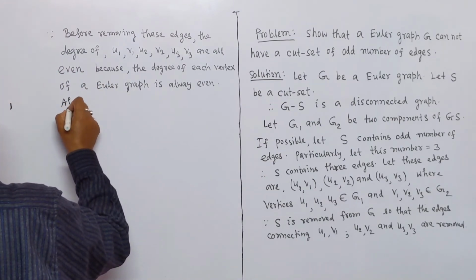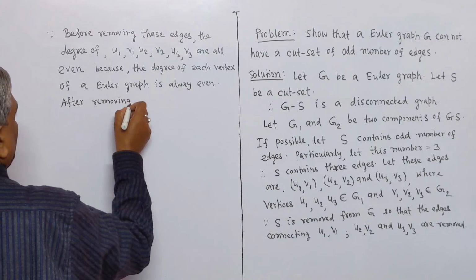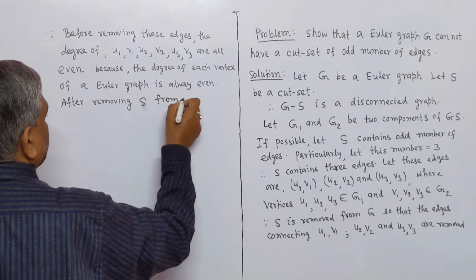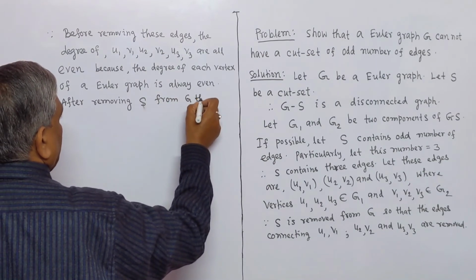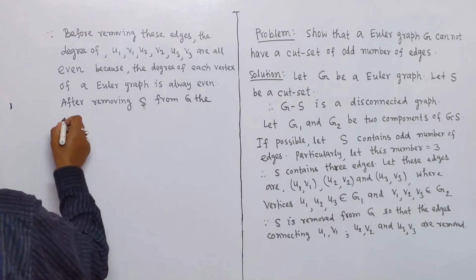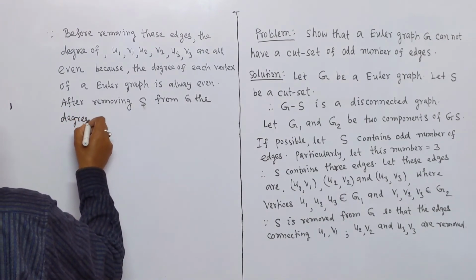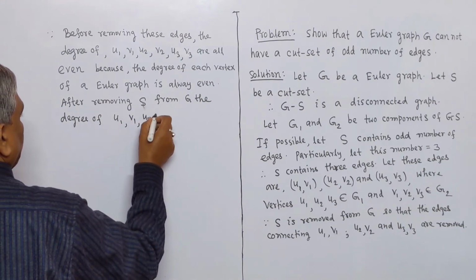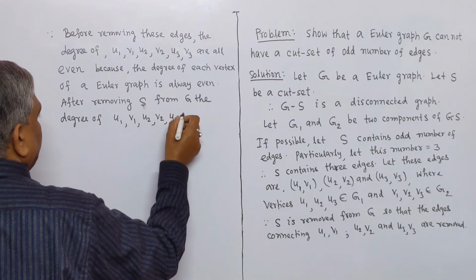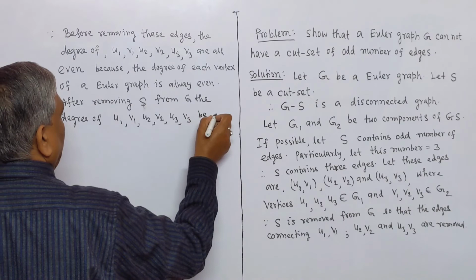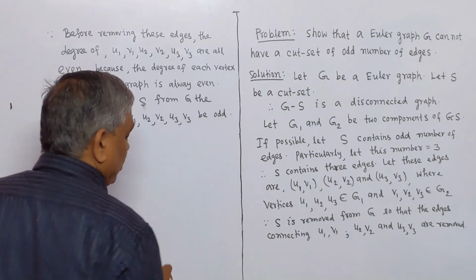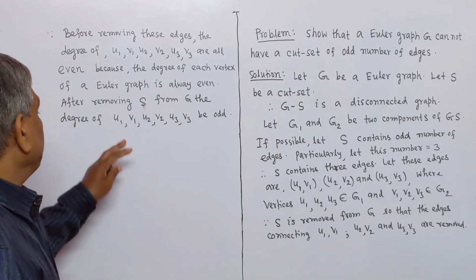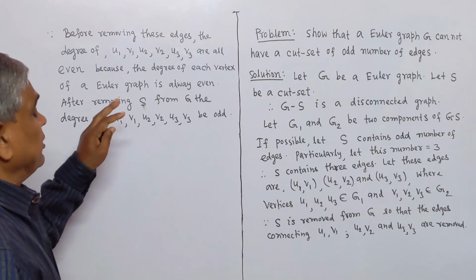After removing S from G, the degrees of U1, V1, U2, V2, U3, V3 become odd, because one edge has been removed joining U1 and V1.